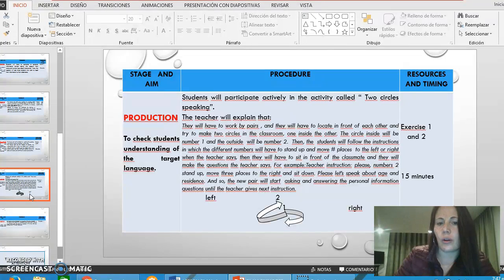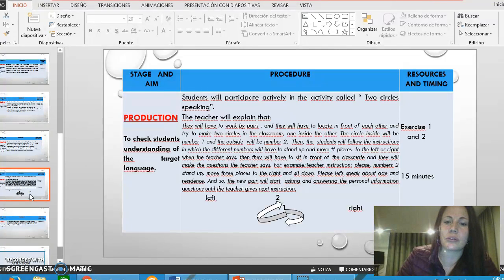Then the students will follow the instructions in which the different numbers will have to stand up and move to different places to the left or to the right when the teacher says. Then they will have to sit in front of the classmate and they will ask the questions the teacher says to them. For example, teacher instruction: please, number 2, the outside circle, stand up, and I say, move 3 places to the right.